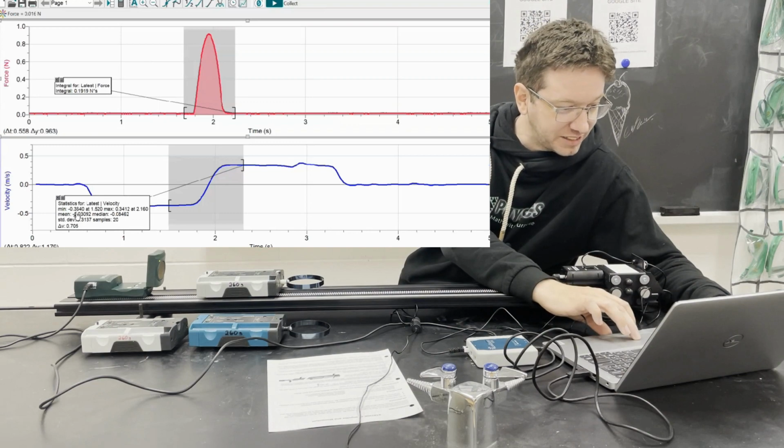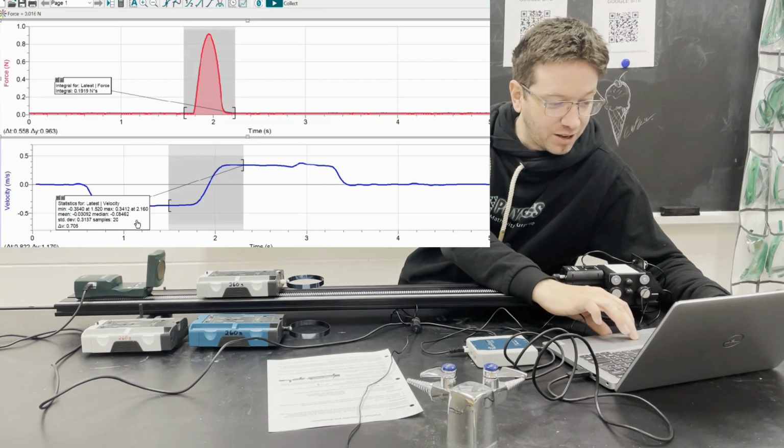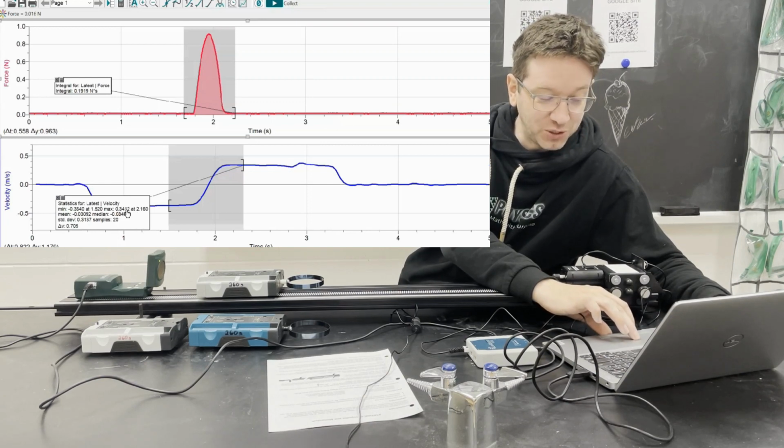Before the collision, it had a velocity of negative 0.3640 meters per second. And after, positive 0.3412 meters per second.